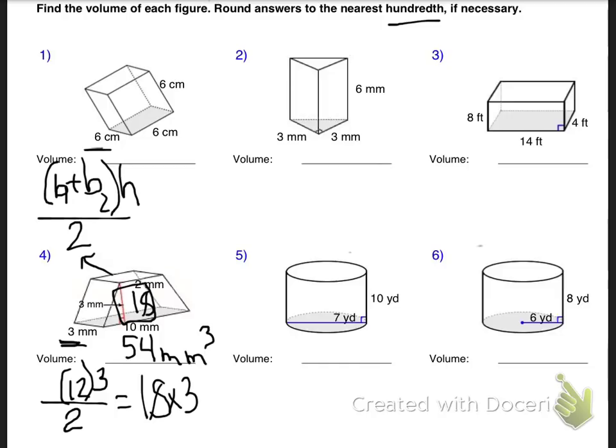Finally, we have our two cylinders. So we have to find the area of the circles and then multiply it by how far we stretch those circles. Now, number 5 is a little tricky because we know our area formula, and it's Fuzzy Wuzzy Was a Bear, area equals pi r squared.